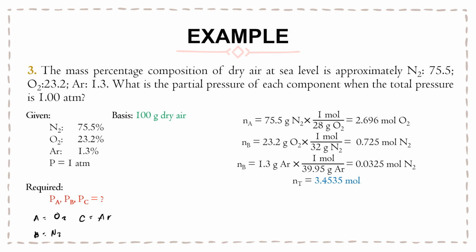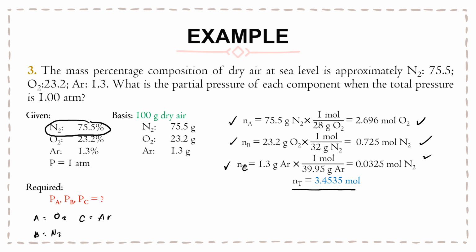Okay? So, getting the individual moles of the gases ABC, okay, we have this. So this is C. Okay? And then adding that to get the total moles, right? Ayan.